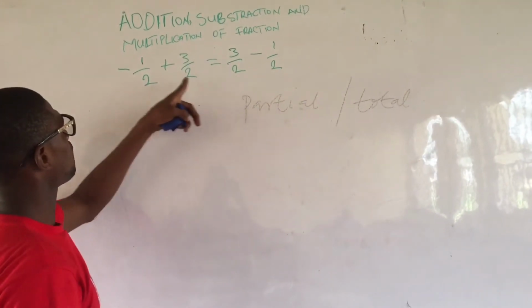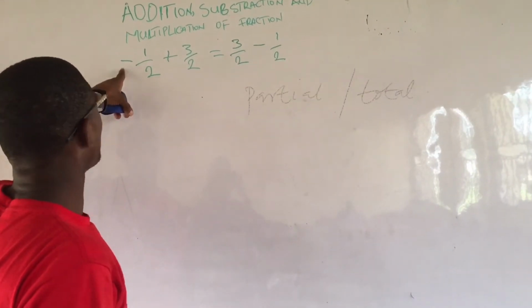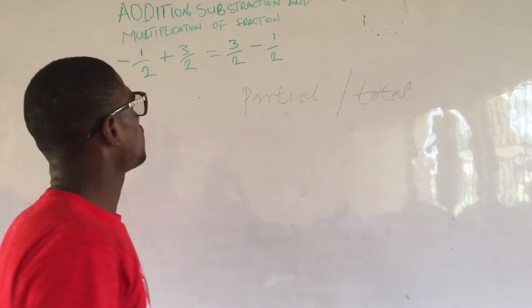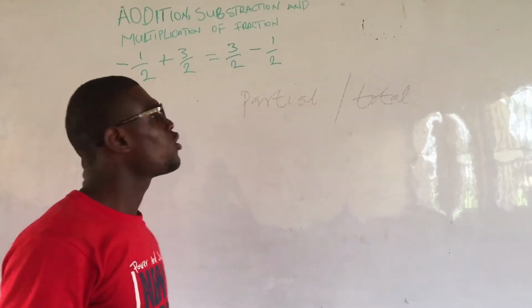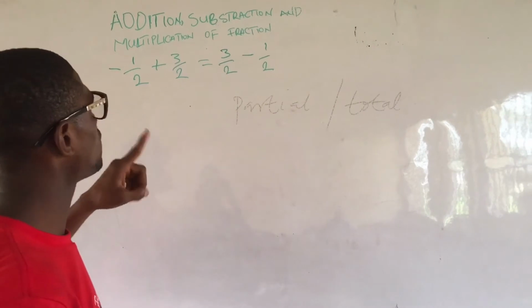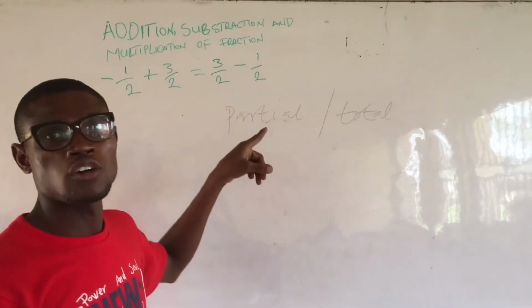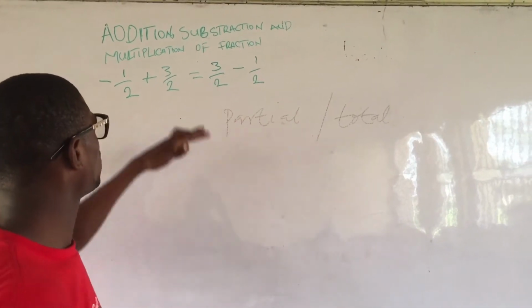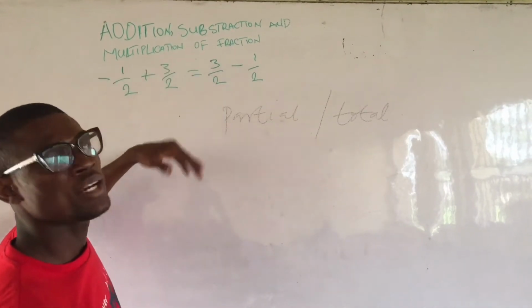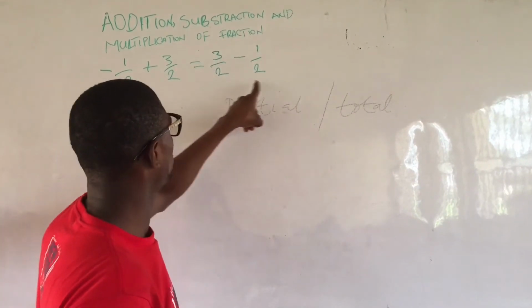So this is the same as this because the plus sign is invisible and the minus sign is always visible. Then another thing you have to take note of, when you are subtracting or adding fractions, the first principle you have to look at is to find the LCM of the denominators. The denominator is the number that is under. So you first take the LCM of the denominators.